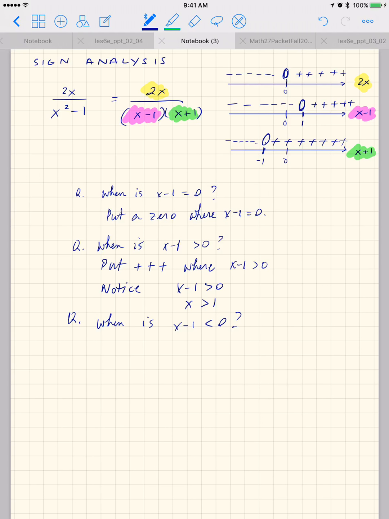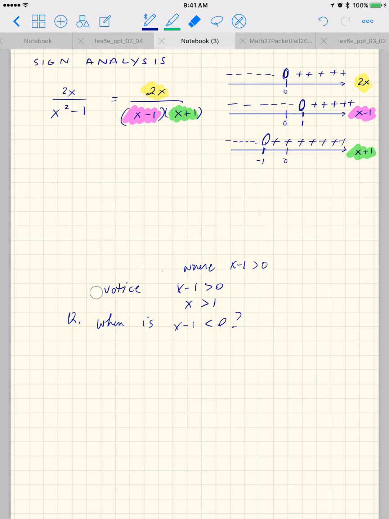Okay, so now I'm going to combine all of this information into one big number line. So make this a little thicker. Now, here's how I combine it.